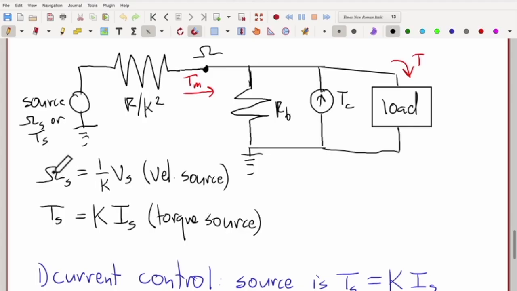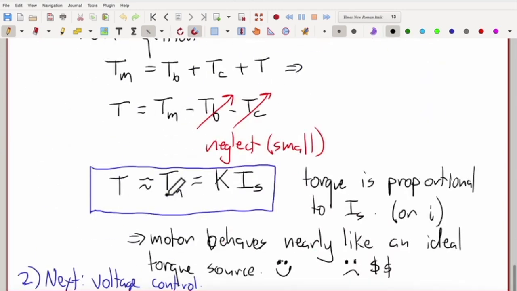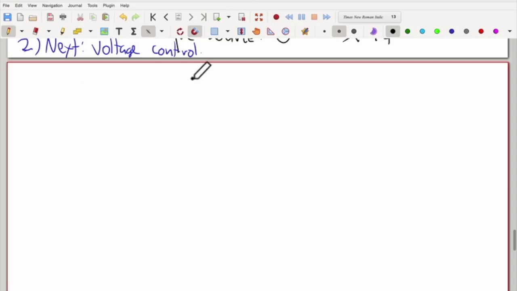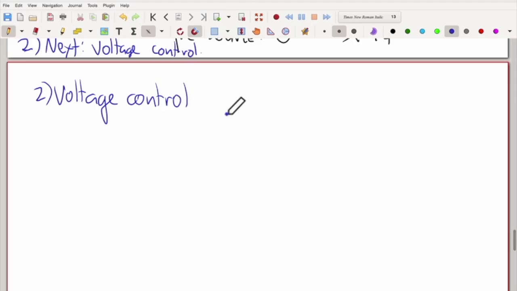So this is cheaper, but it's a bit more complicated. So let's now analyze voltage control here. This is the cheaper but slightly more complicated to analyze case.